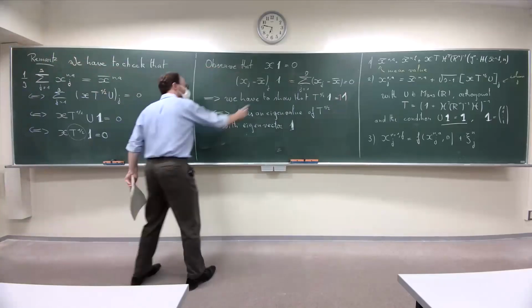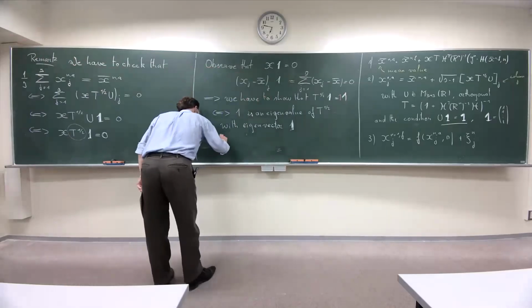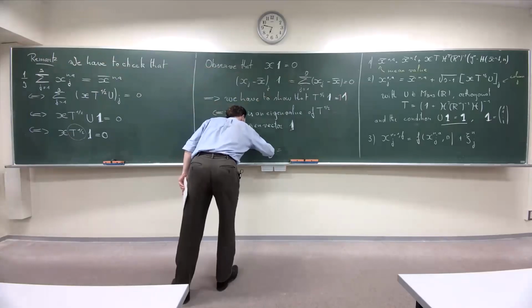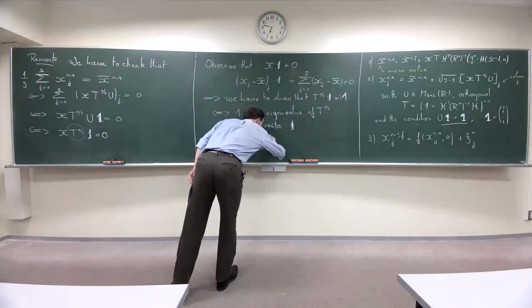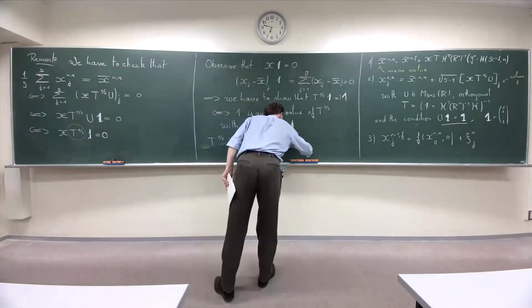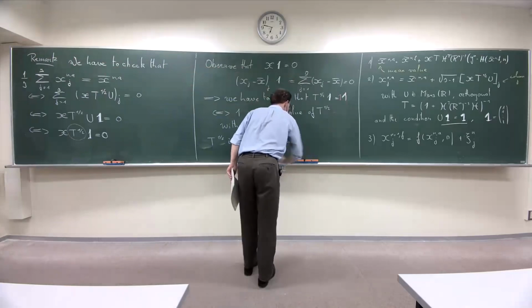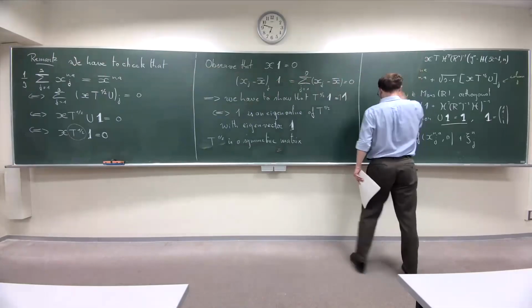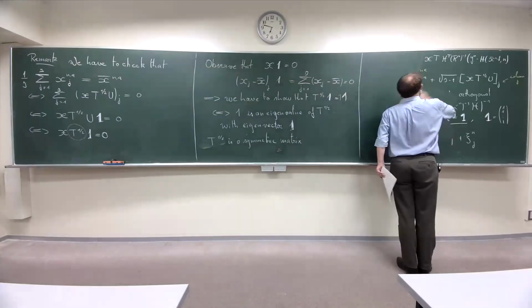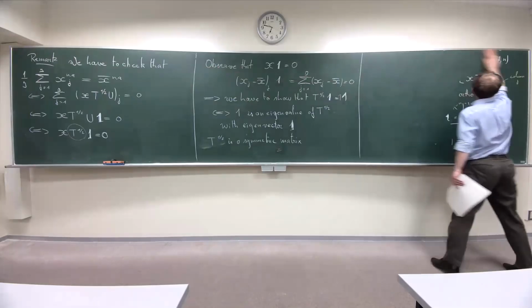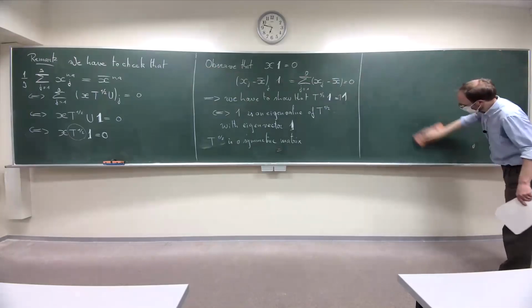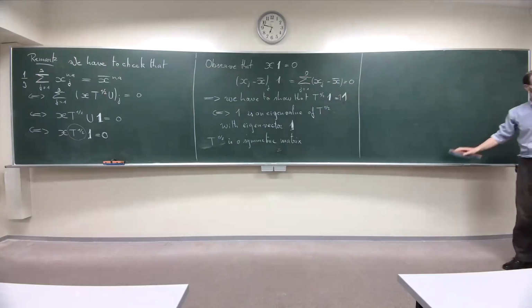Now, T^{1/2} is a symmetric matrix. This should remind you of something from linear algebra. You can diagonalize it, right? And if you diagonalize it, you put the eigenvalues on the diagonal, and one of them is 1, right?